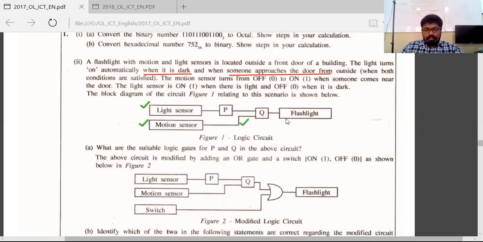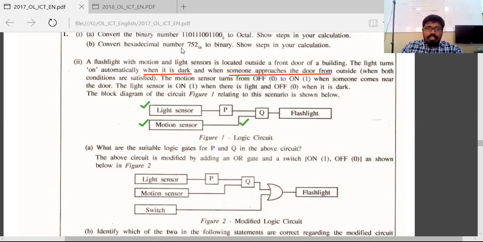So this one is okay. But the light sensor is on when there is light. So when there's light, the light sensor will be on, but when it's dark, the light sensor will be off. But when the light sensor is sensing the dark, then only the bulb will be on.